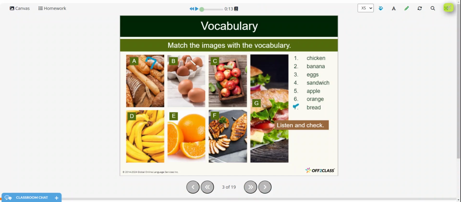Letter B is number 3, eggs. Letter C is apple, number 5. D is banana, number 2. E is number 6, orange. F is number 1, chicken. And G is number 4, sandwich.